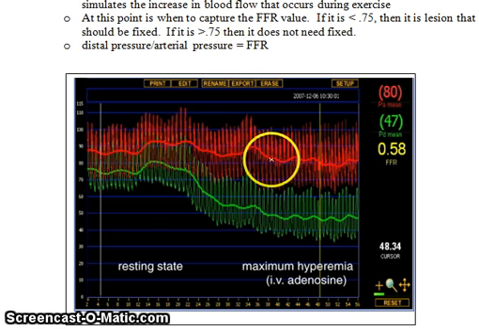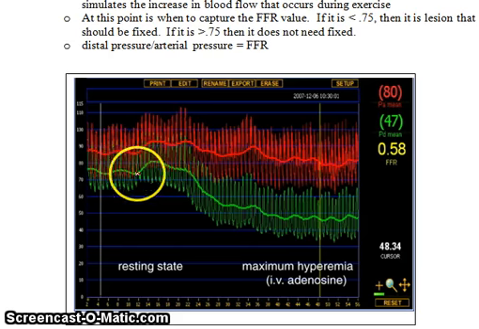So here is a typical screen, what it looks like. Here is the resting state. Once the wire crossed the lesion, there already was a gradient, because this is the regular arterial pressure, and this is the pressure distal to the lesion.